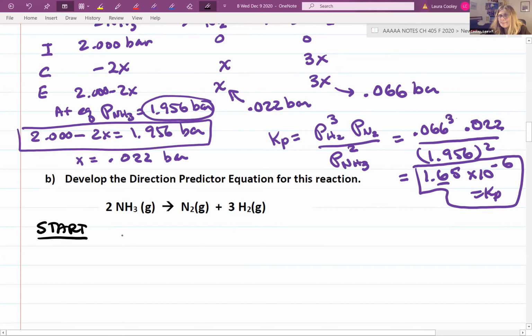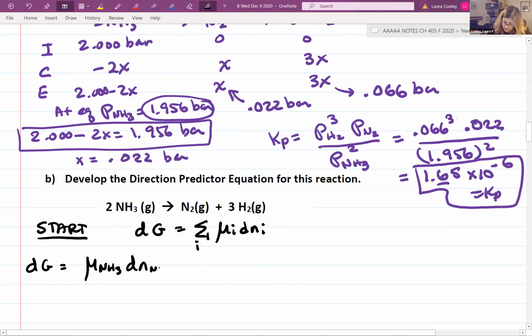Anybody? dG is the sum of mu_i dn_i. So you would write dG equals mu_NH3 dn_NH3, and do this for all of the three players, whether they're reactants or products.